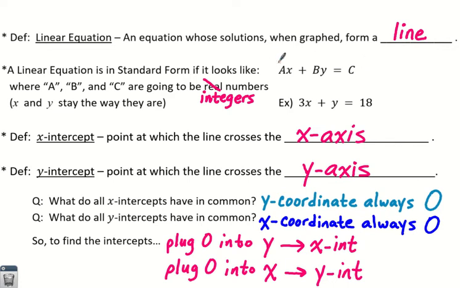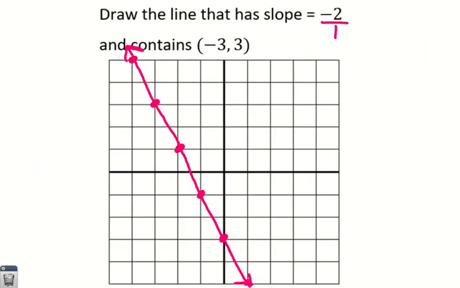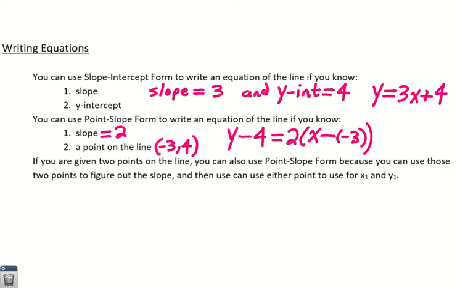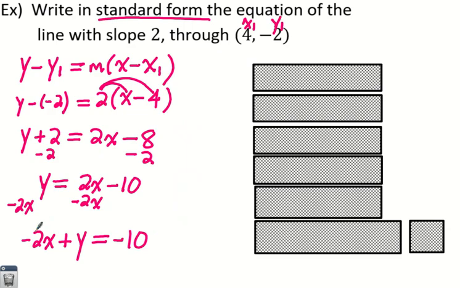So these A, B, and C values are going to need to be integers, but also your A value is normally positive. It's politically incorrect, maybe? I don't know. To have your A value, your leading term, have a negative coefficient.